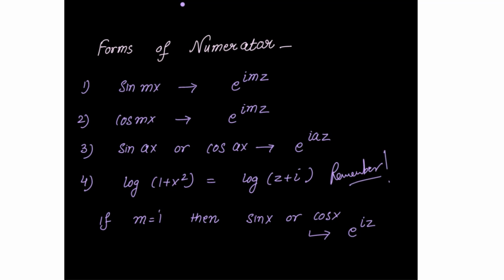It is important to remember that whenever log of 1 plus x square comes in the numerator, you have to change this into log of z plus iota. When I do the proof for such examples, you will get to know why this is changed into log of z plus iota, right?